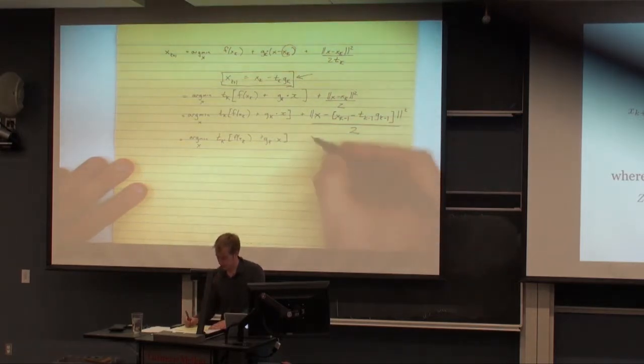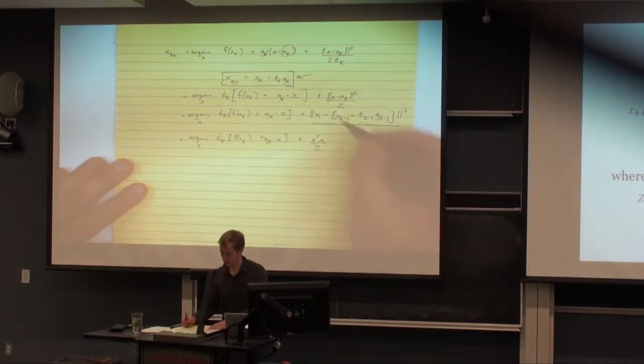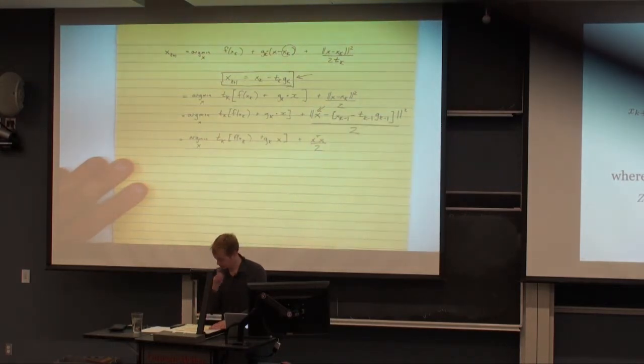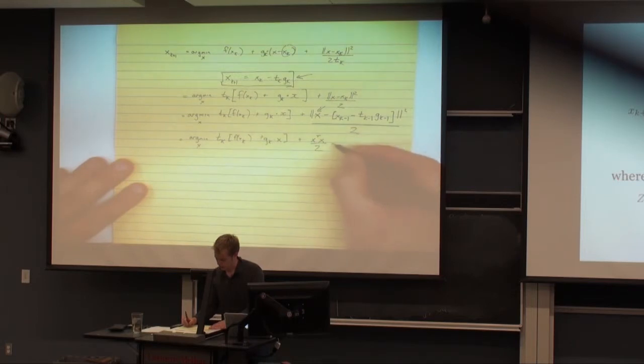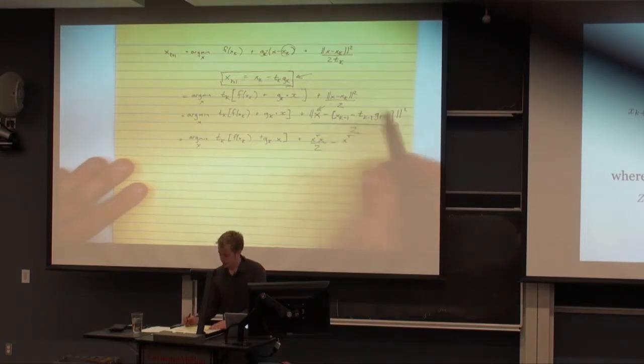Right, so we're going to get an x transpose x over 2 term here. That comes from this guy here. And then we'll get a term that looks like x transpose times what's in the brackets here, and there's going to be two of those.